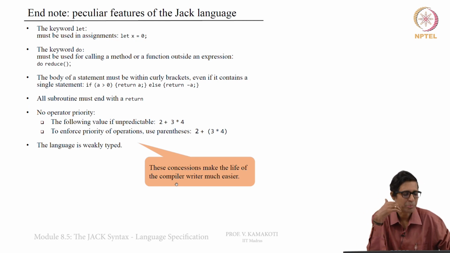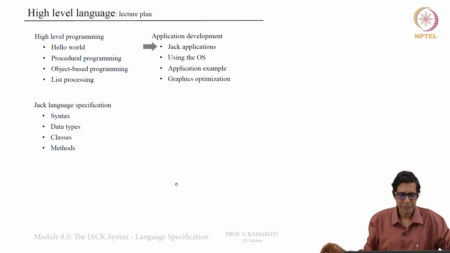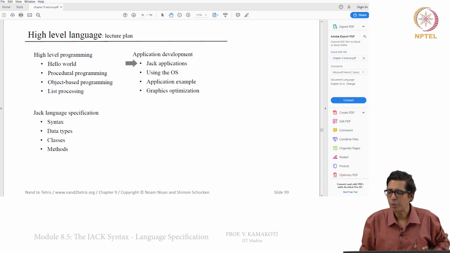That is the objective of this entire exercise, and this makes it very good, right. So, this basically concludes the syntax of the Jack language very quickly, and now we will look at some small notes on application development in the next module. Thank you.